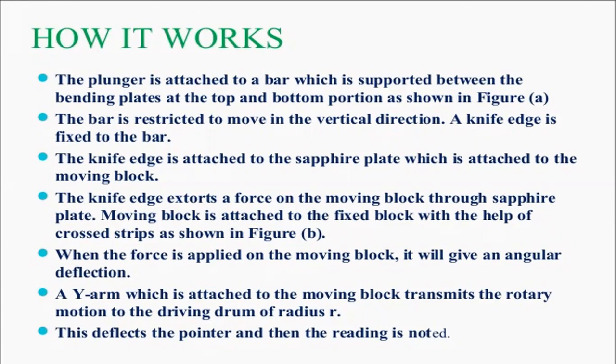And the bar is restricted to move in the vertical direction only. So the plunger moves in the vertical direction only, and a knife edge is fixed to the plunger bar.